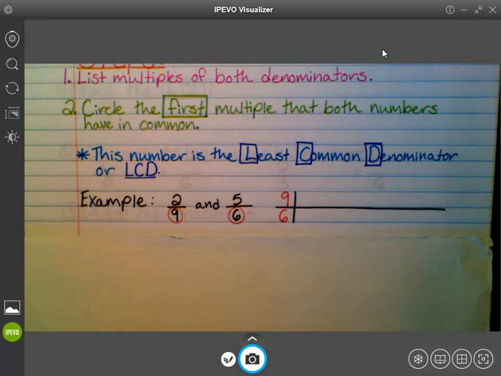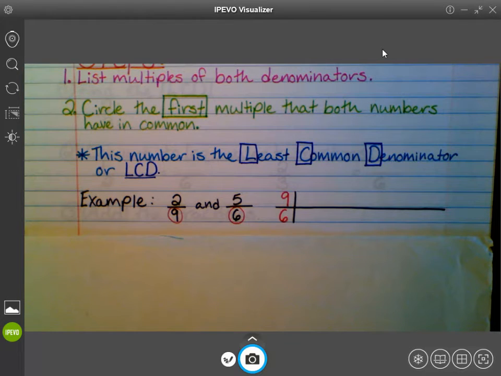As we do this more, you will feel comfortable going through multiples in your head. But I want us to get into the practice of writing it down, because sometimes you're going to get a weird denominator, like 27.